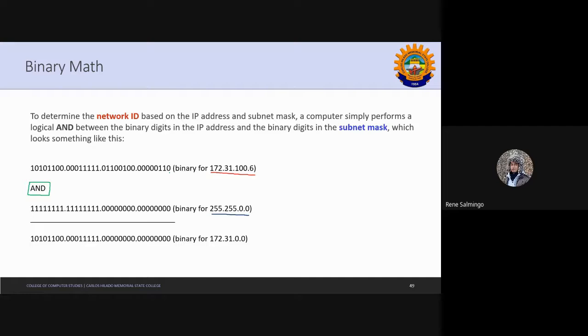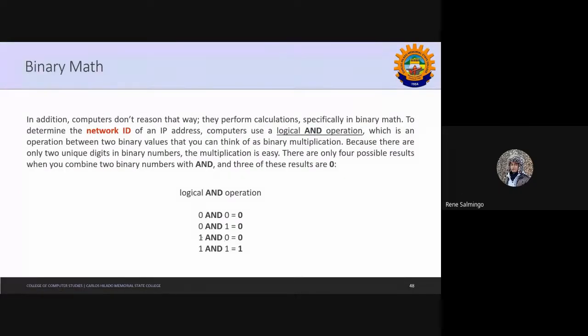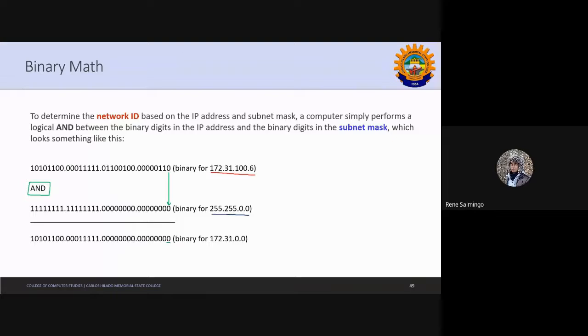0 and 0 is 0. So in any case in logic AND, if we go back, 1 and 0 will still be 0. So in this case it's going to be the same.